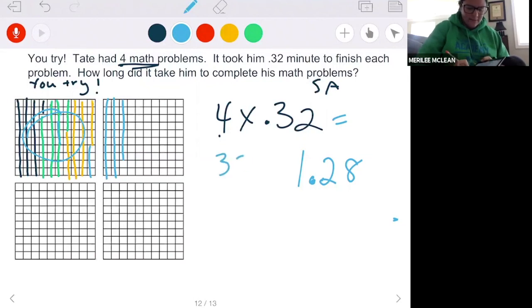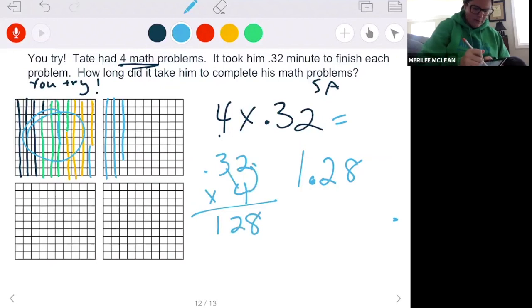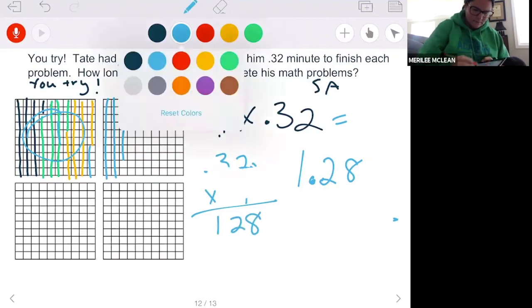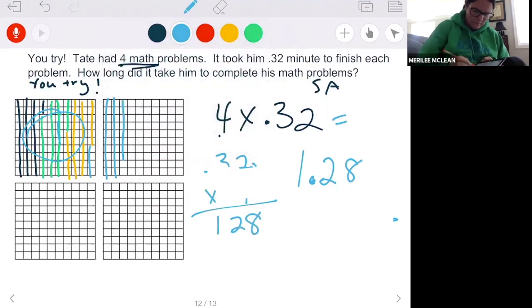You can have 32 hundredths times 4. 4 times 2 is 8. 4 times 3 is 12. Now, let me erase and get this out of the way. 32 hundredths times 4. All right, how many place value positions do I have for my decimal point?